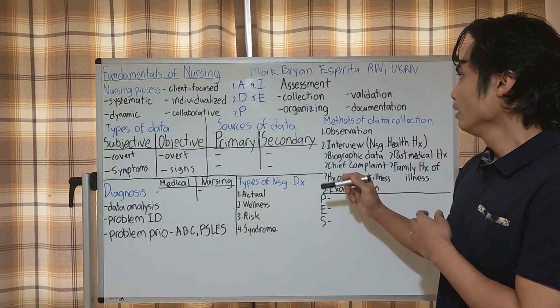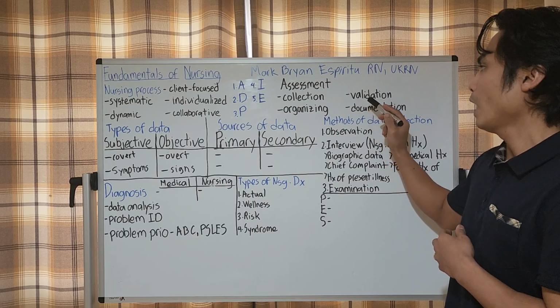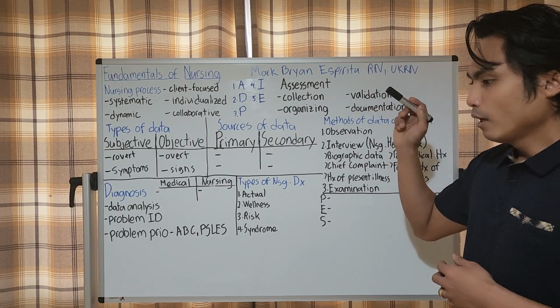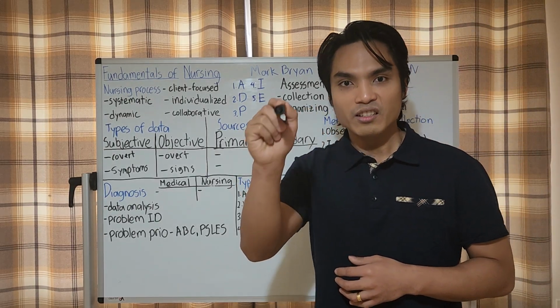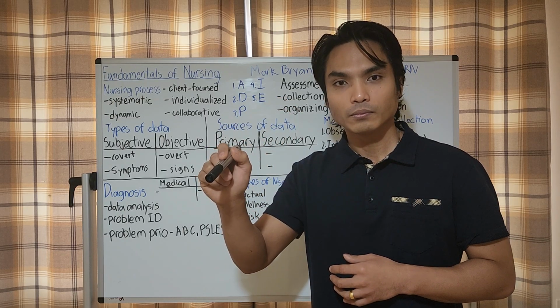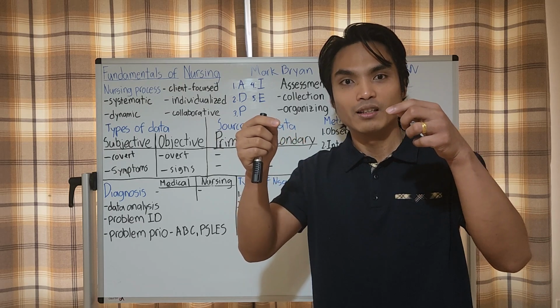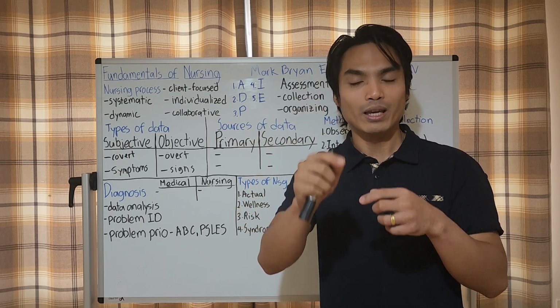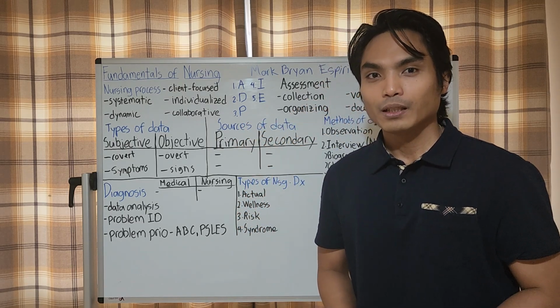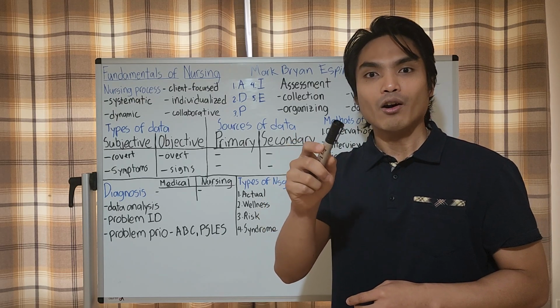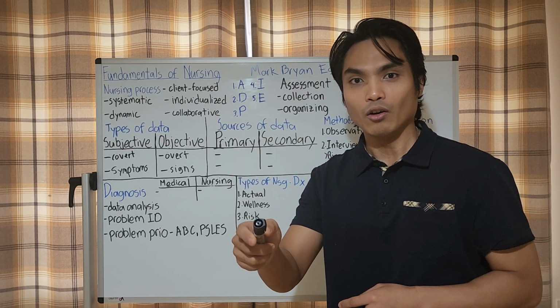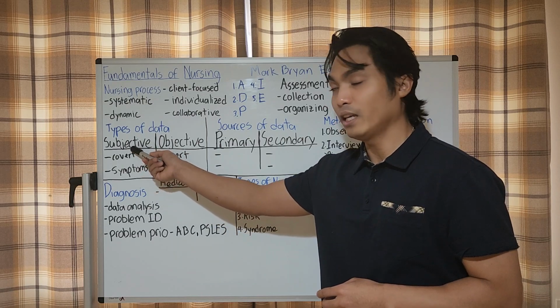Alright? And validation. I want to emphasize this. A very important nursing responsibility is to connect the subjective and the objective data. What do I mean? The client complained of pain on her right knee. That is a subjective data, right?